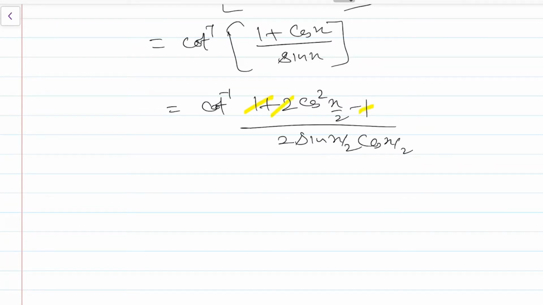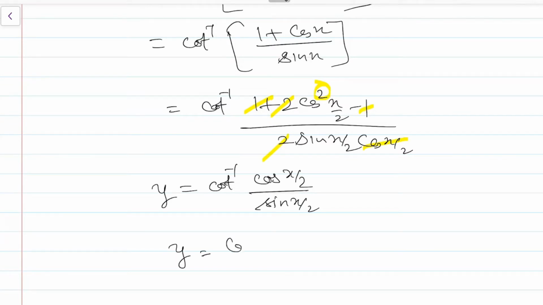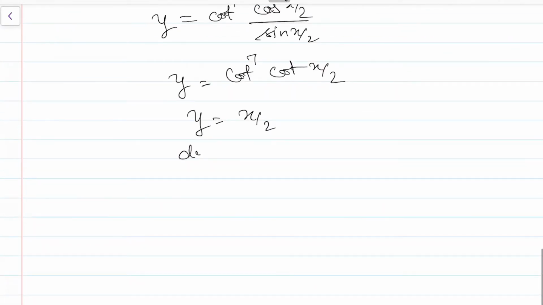After that this 2 will cancel this, and this cos x by 2 will cancel 1 power of cos square x by 2, and we'll have cot inverse of cos x by 2 divided by sin x by 2. This is the value of y. So y is equal to cot inverse cot x by 2. Y is equal to x by 2. Now differentiating both sides, dy over dx is equal to 1 by 2. This is a very important problem.